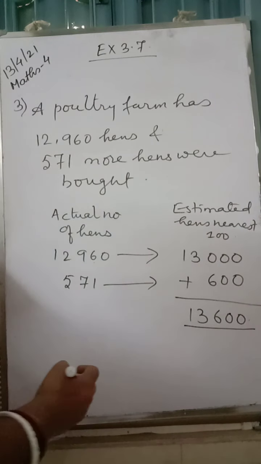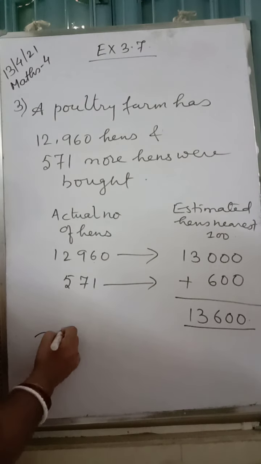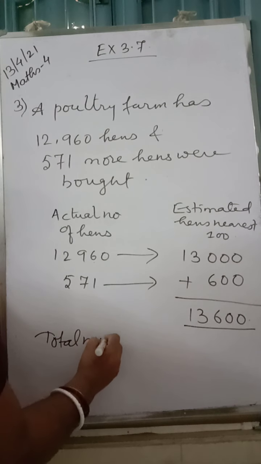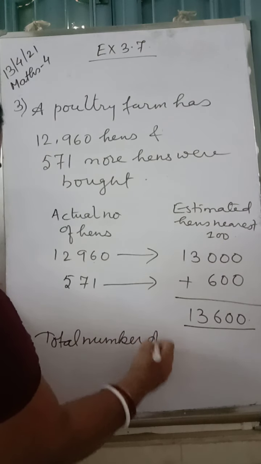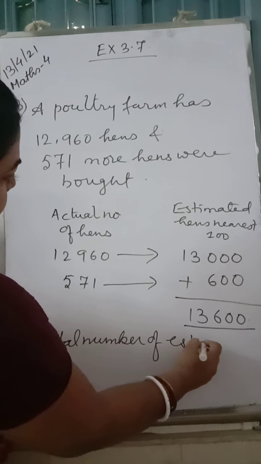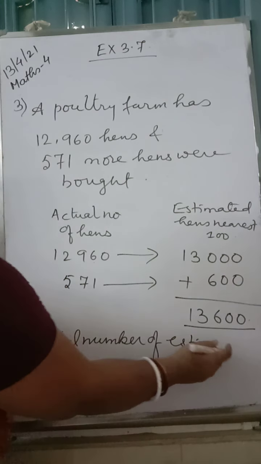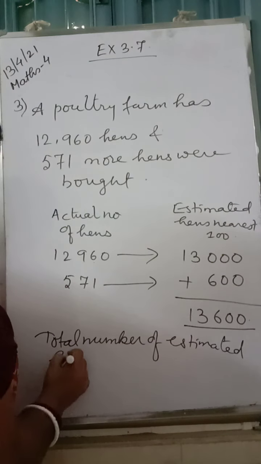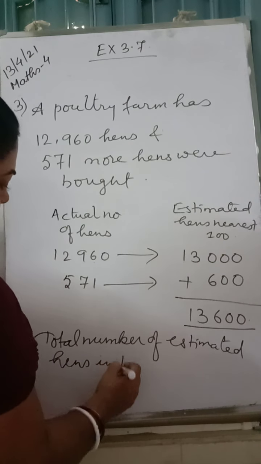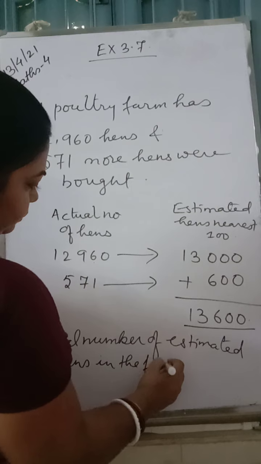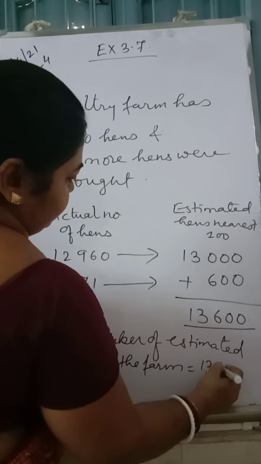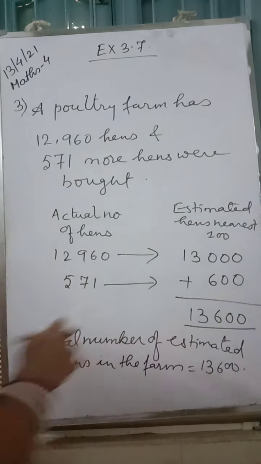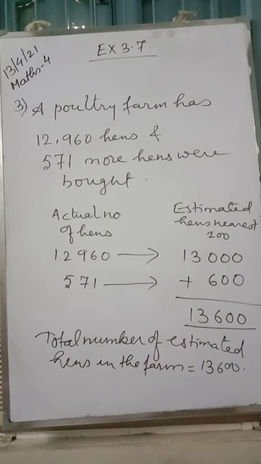Then we'll write total number of estimated hens in the farm is 13,600.